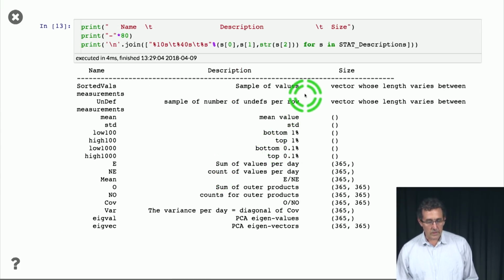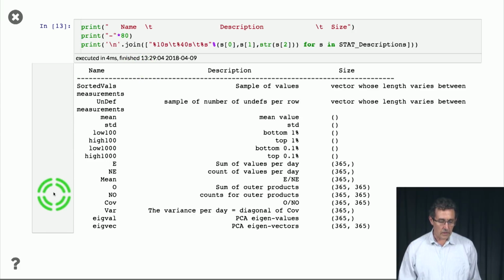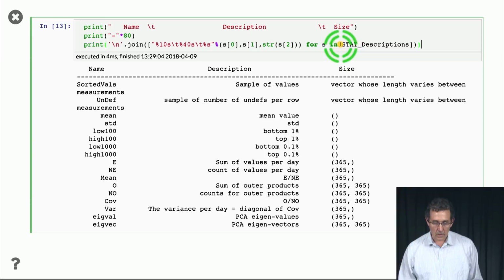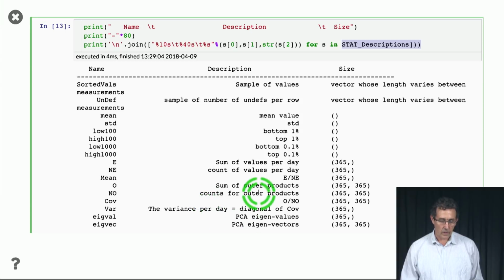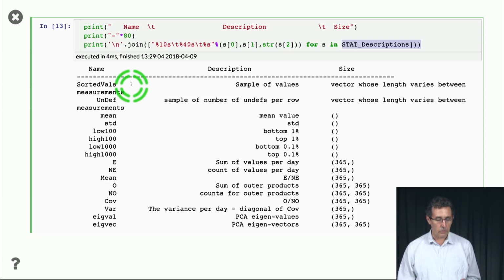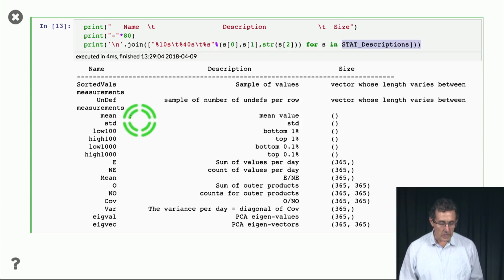So finally, once this is done, this variable stat descriptions describes the different statistics that have been measured for a particular type of measurement, and includes things like the mean, the standard deviation, the bottom 1% and bottom 0.1%.